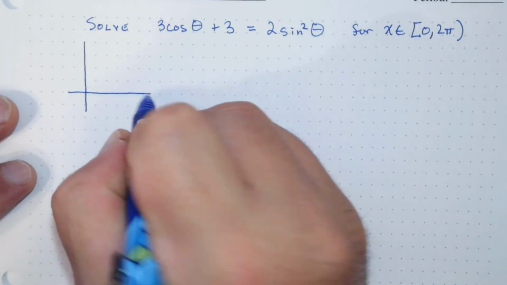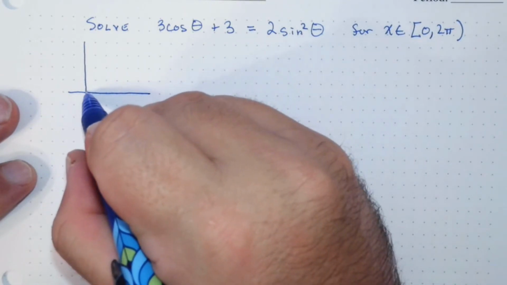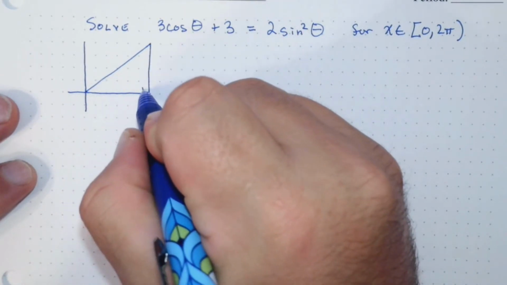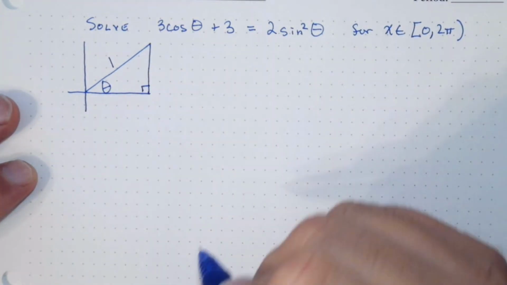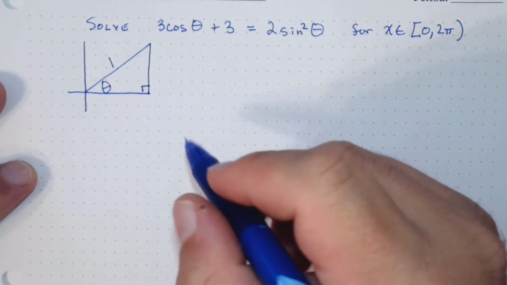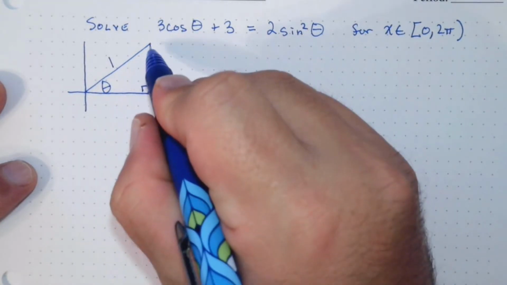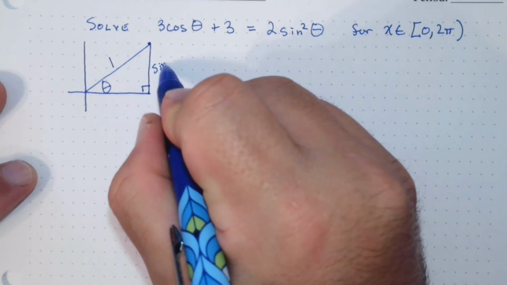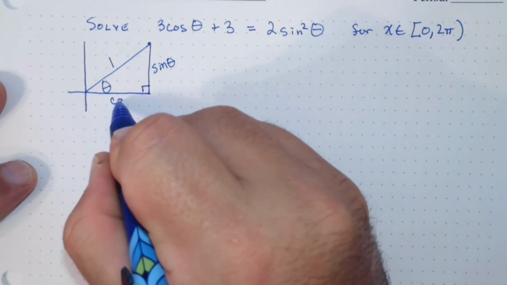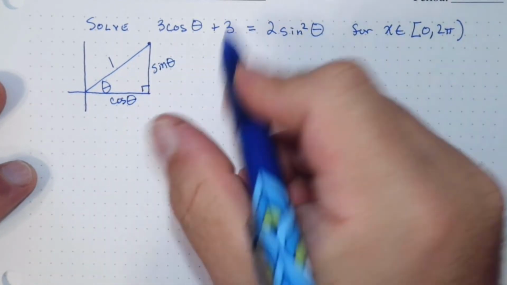We know from our analytic trigonometry that if I have an angle theta with a unit circle and have the hypotenuse of this triangle of 1, then this side is sine of theta and this side is cosine of theta.